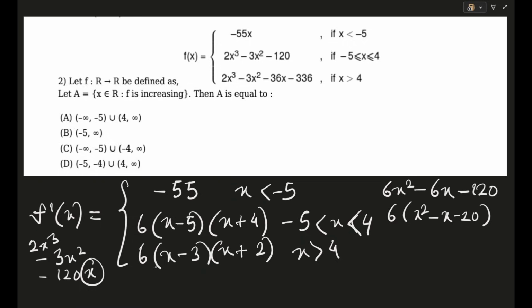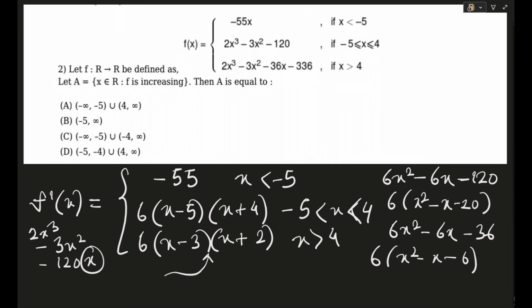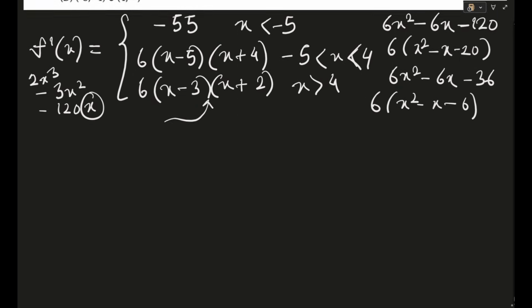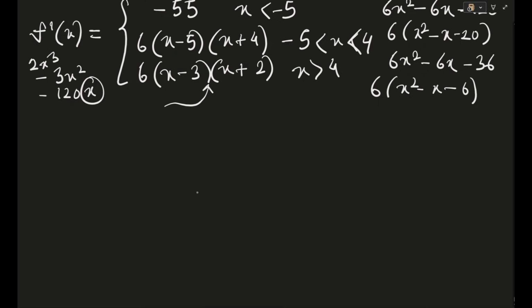Okay, this one I had already done, so I just wrote it down, and I guess you guys can do it. The differentiation is pretty easy: 6x square minus 6x minus 36, which is 6 into x square minus x minus 6, so basically minus 3 and plus 2, right?